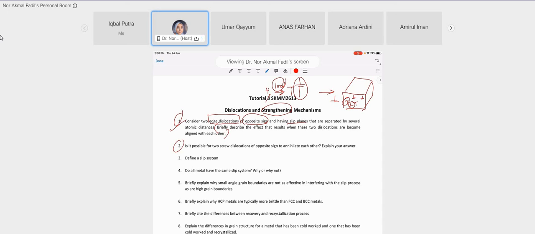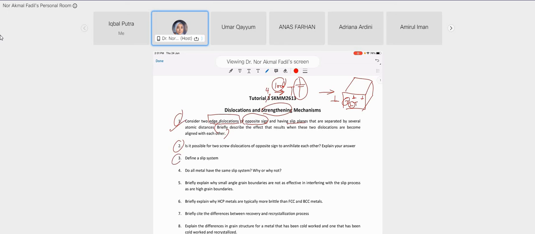So this is also a similar phenomenon during recovery. The same goes if you apply load: sometimes that particular load is not sufficient to promote the deformation process. Why? Because even though there are dislocations moving inside, at that point they just cancel each other. But if you give a very high load in one particular direction, enough to promote the dislocations continuously generating and moving, okay.